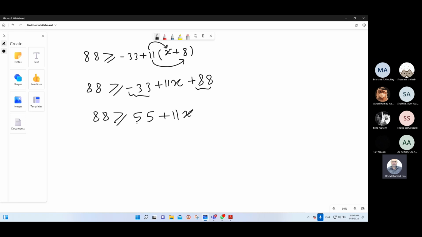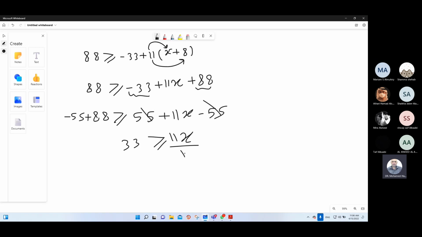Then we can remove the number here to keep the variable alone. We want to remove 55, so you can subtract 55 from the two sides. So 55 and minus 55, 0. It means here 11x less than or equal. Minus 55 plus 88 will be 33. So we want to remove 11 to keep the variable alone here.